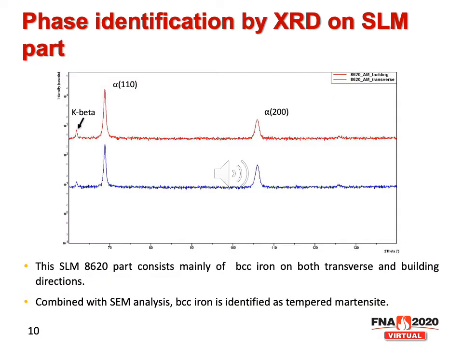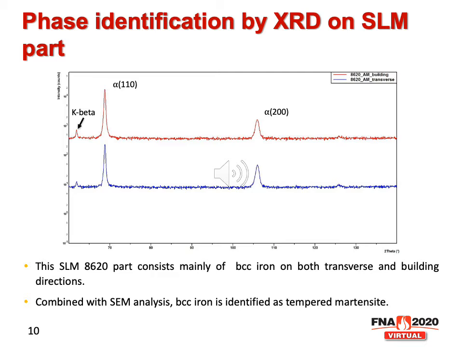We also conducted XRD analysis to identify the phases in this selective laser melted part. The XRD pattern consists mainly of BCC iron on both transverse and building directions.